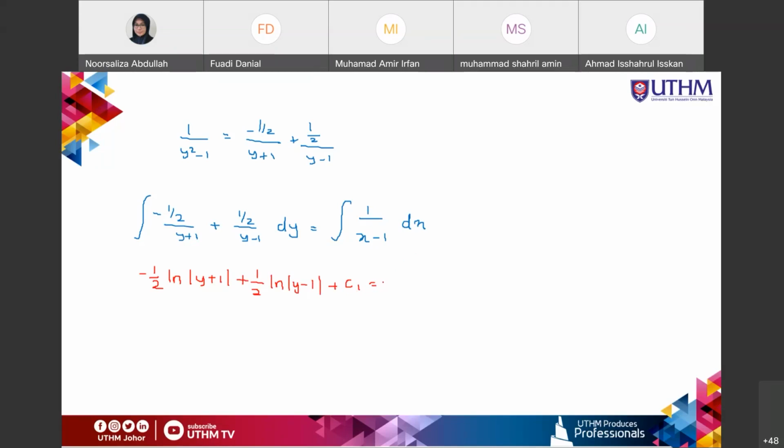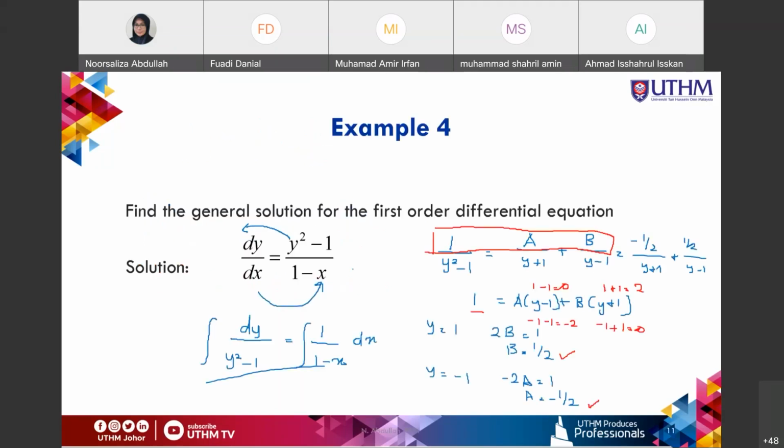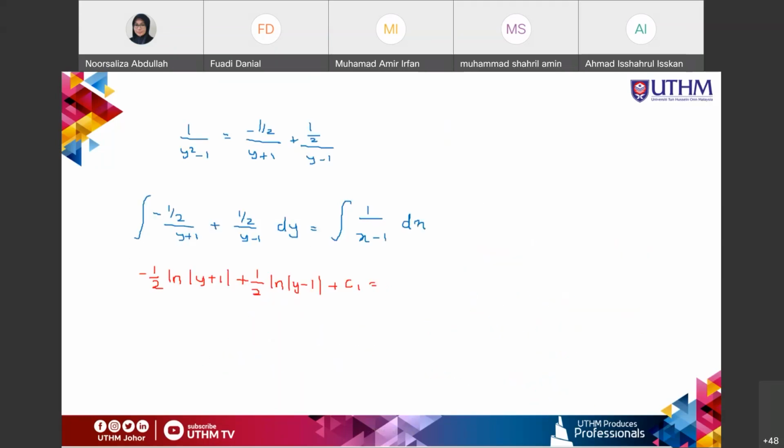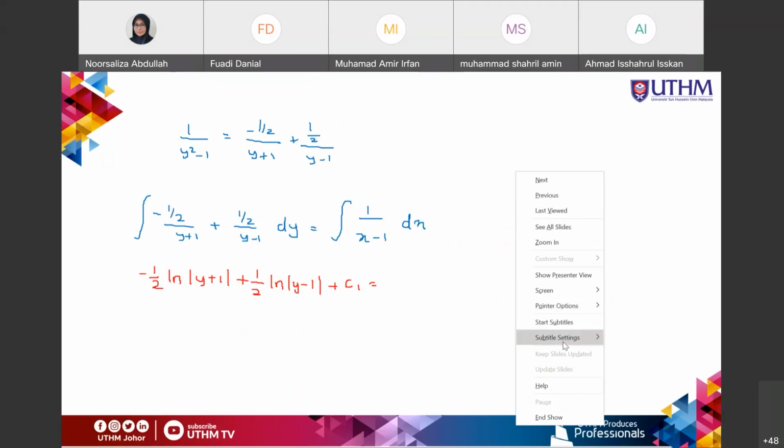Kenapa minus ln? Doktor, saya salah tulis. Bukan x minus 1, tapi 1 minus x. Oh ya. Okay, 1 minus x. Saya salah tulis. Thank you. Kejap saya betulkan dulu.